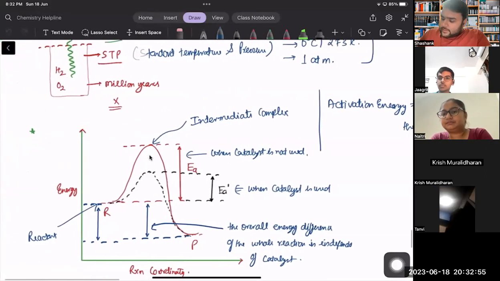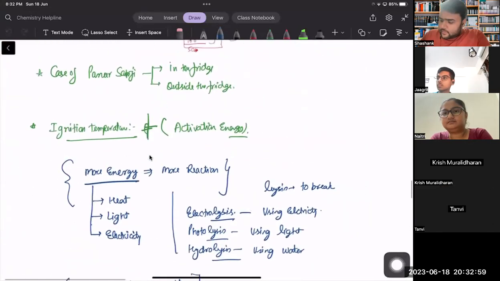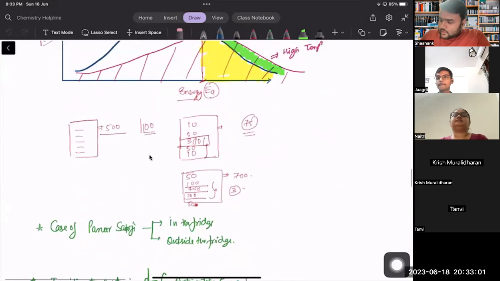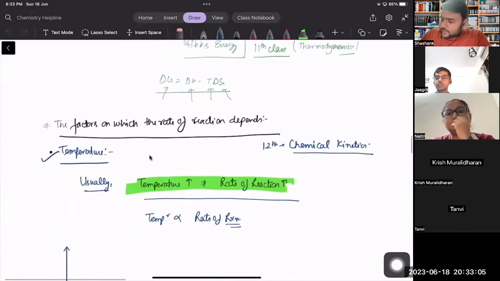So let's revise what all factors we did. We covered quite a lot today. The first factor which we saw was temperature.